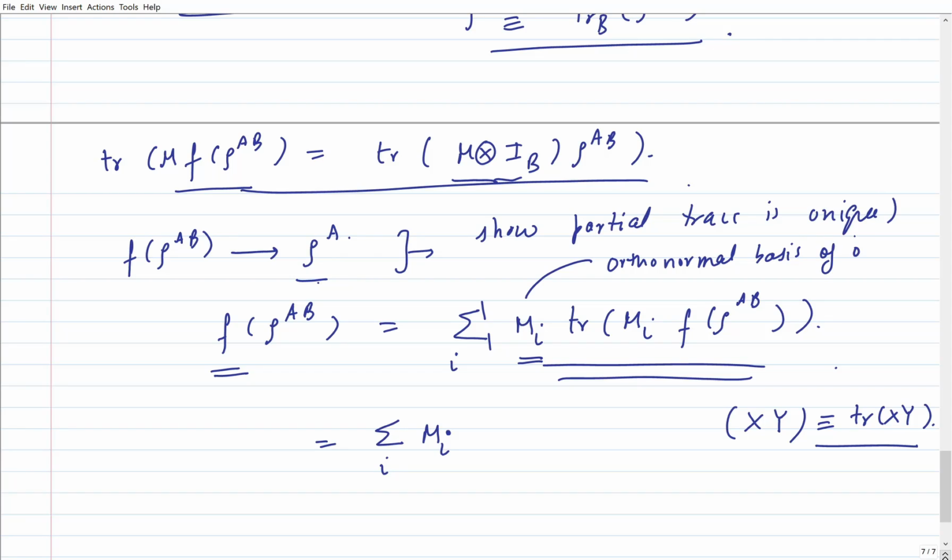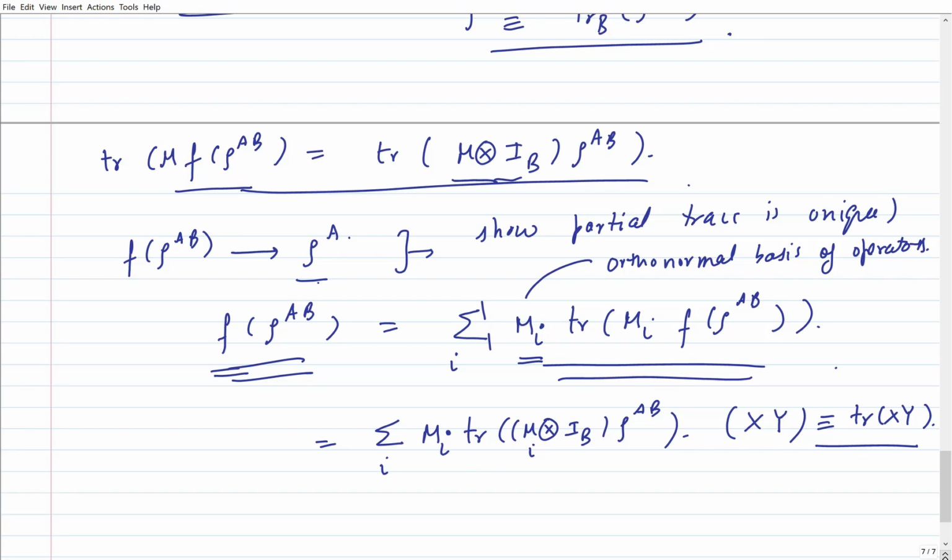So I decompose a linear map in terms of an orthogonal basis of operators M_i on system A, and this gives me nothing but this guy.